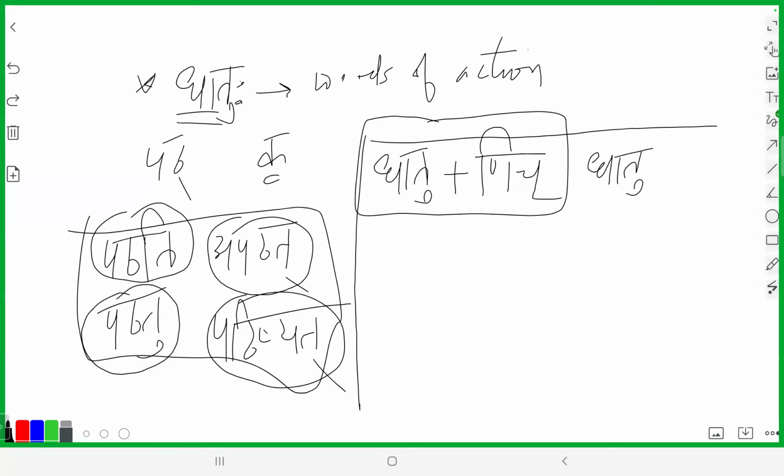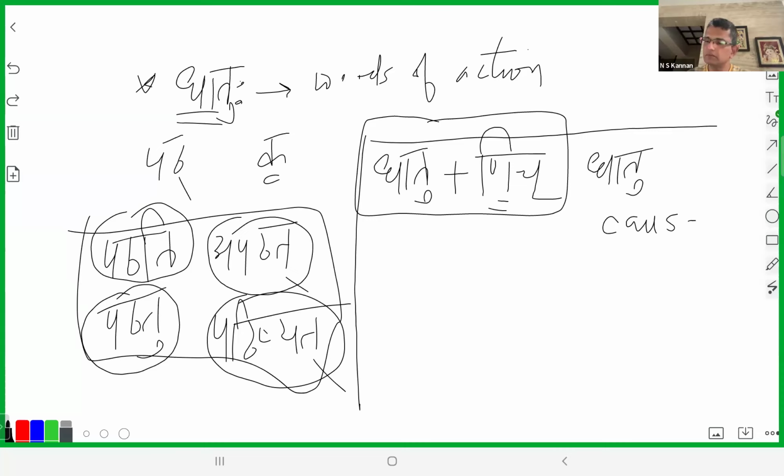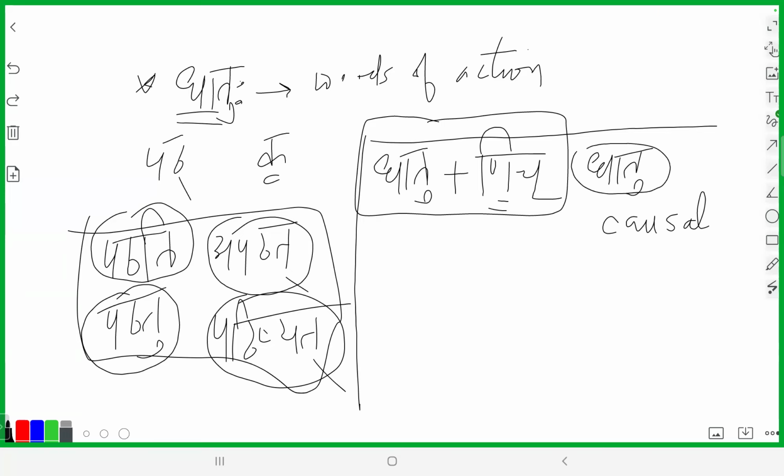If you add the nich pratyaya, it gives you the causal sense. And now tell me, is this dhatu a nich anta dhatu? This new dhatu which has come out is a nich anta dhatu. And therefore it's called a nijanta.